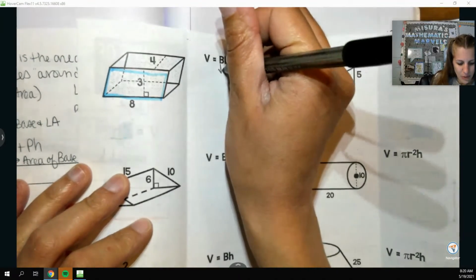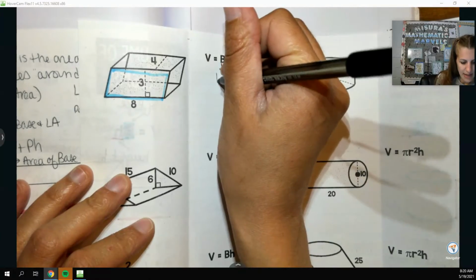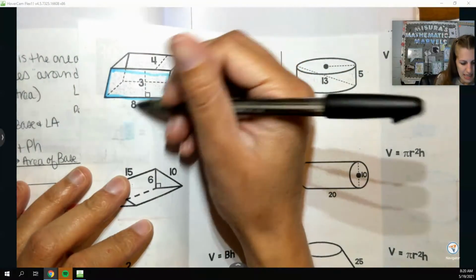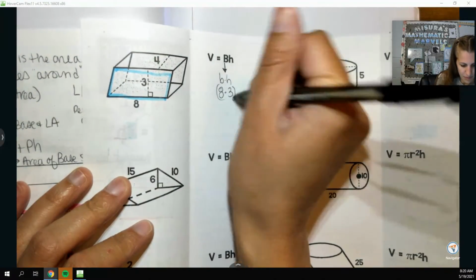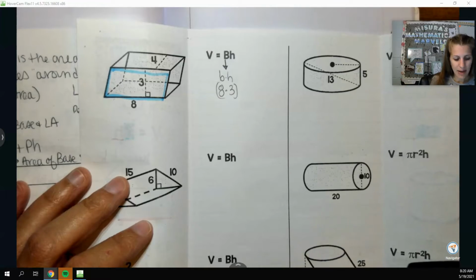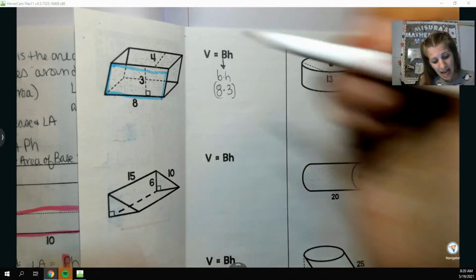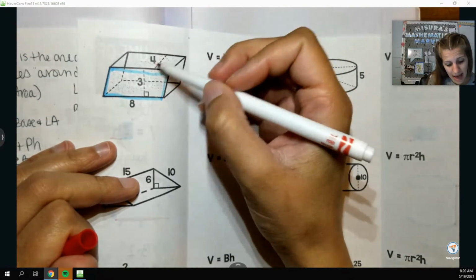So if I'm going with the front as the base and it's a parallelogram, the way I find the area of that is doing base times height, which I can see is the 8 and the 3. Then when we're talking about height of the prism, that's how far is it from the front to the back.